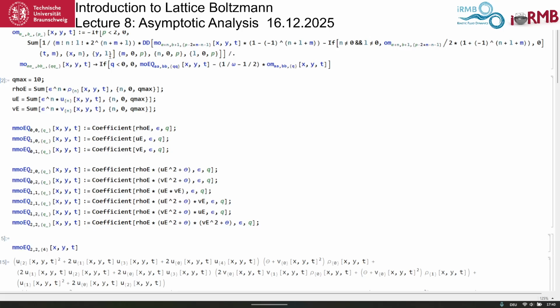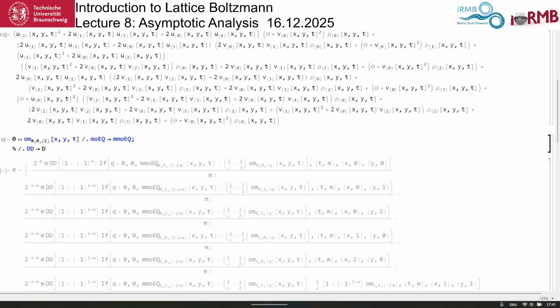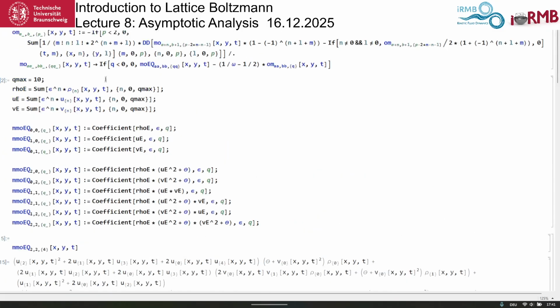Because we have n and l not equal to 0 and maybe some... No, m is the one for the time. That's the only difference between m and n.